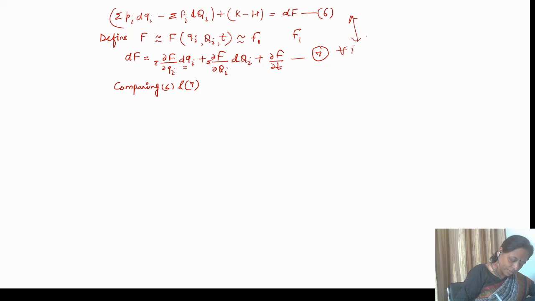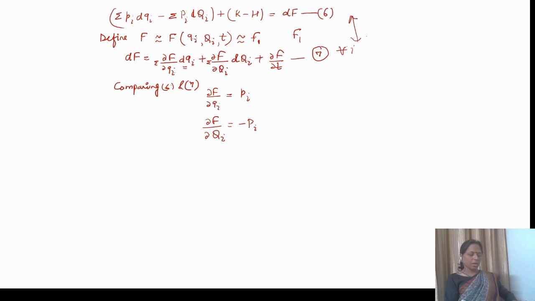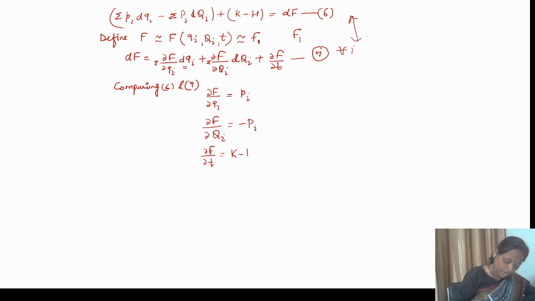So I get delta f delta qi is equal to pi, delta f delta capital Qi is equal to minus capital Pi, and delta f delta t is equal to k minus h.